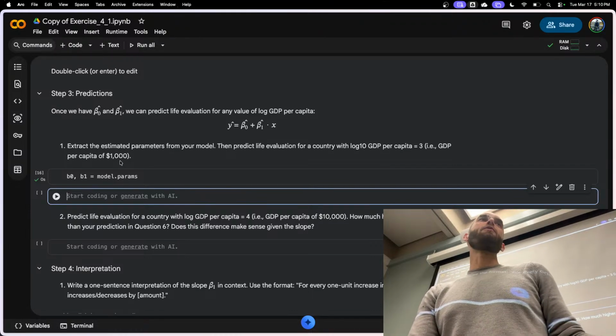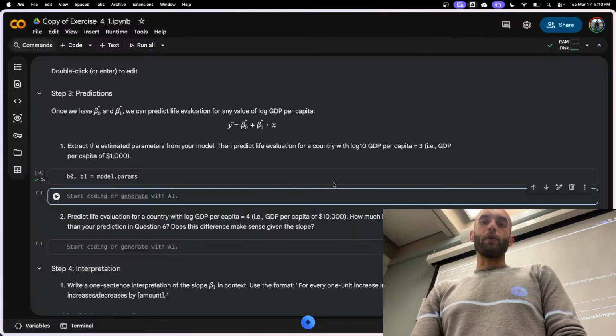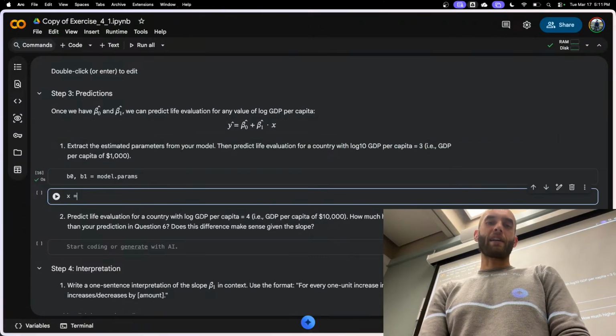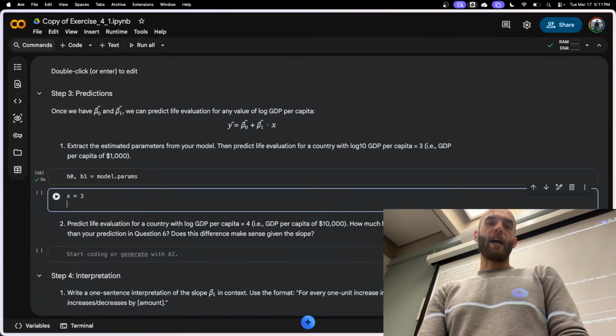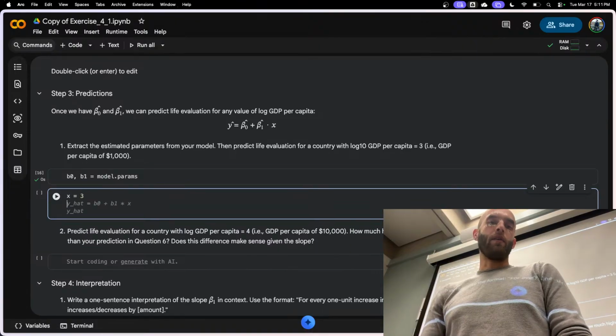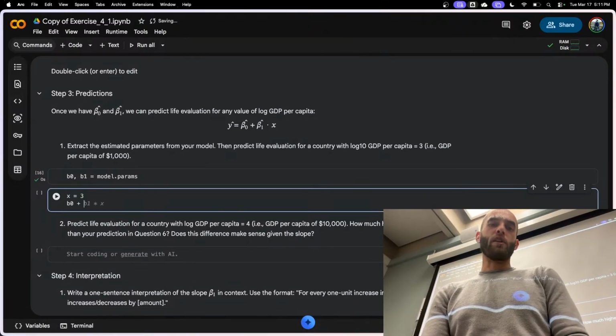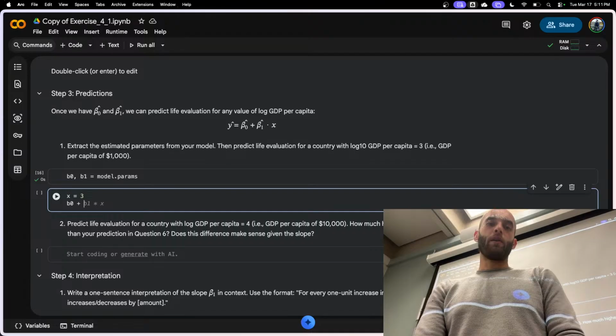Then I'm just going to set up the equation for the line. I want to predict the happiness score for countries with a log GDP per capita of 3. So I'm going to say x is equal to 3, and then write out the equation for the line: B0 plus B1 times x.